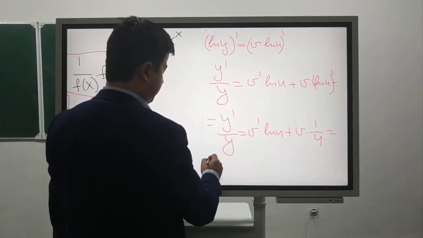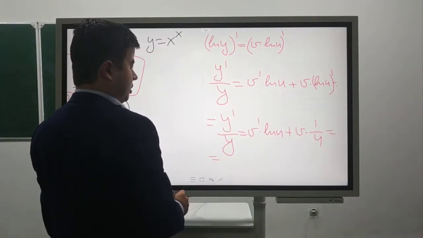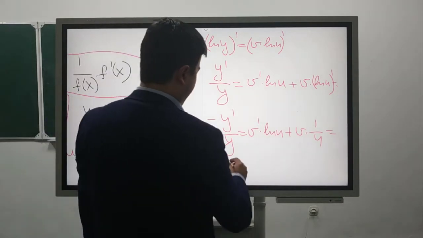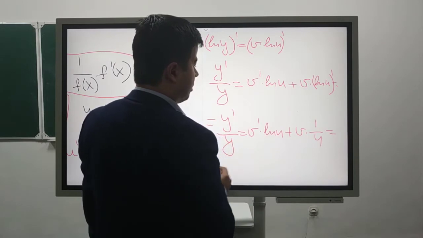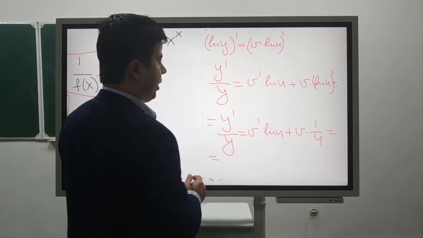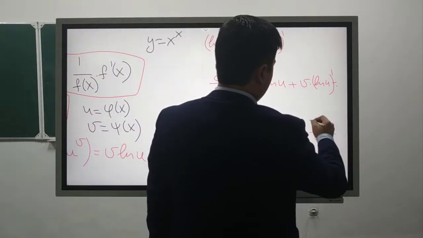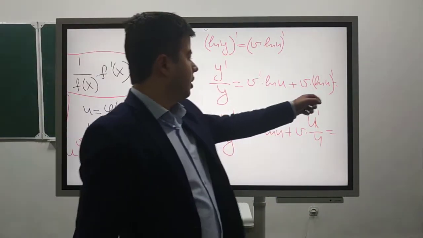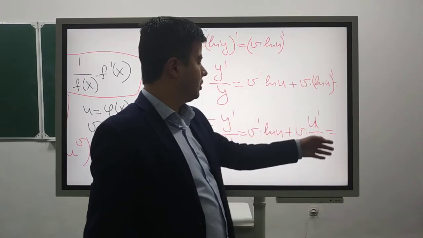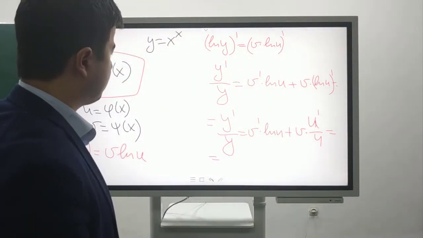And now, let's continue. So here we have y and so on, and we have here also u derivative, of course, because it is natural logarithm of u, it is u derivative over u.